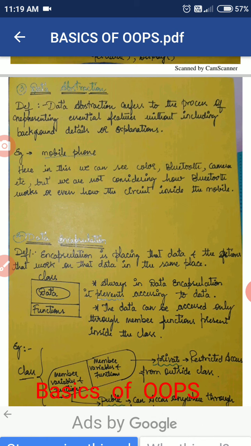In OOPS also, data abstraction refers to the process of representing the essential features without including the background details or explanations. Okay, we are representing only the upper part, whatever is visible to common humans. We are not bothered about the background.